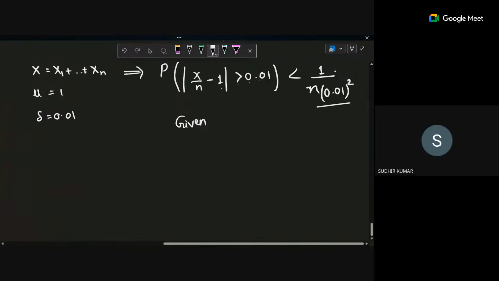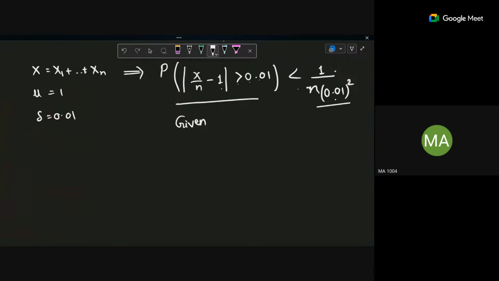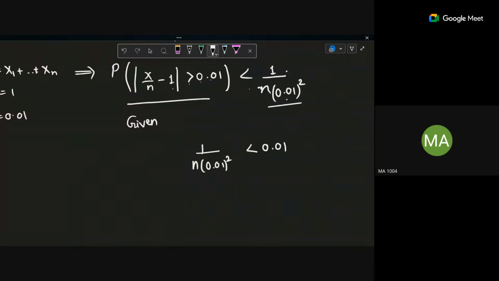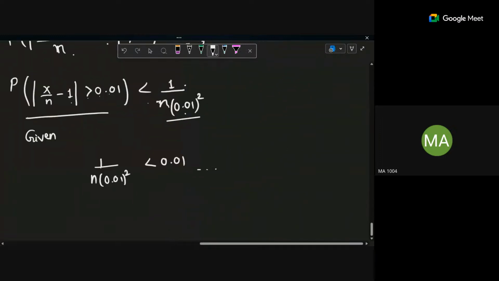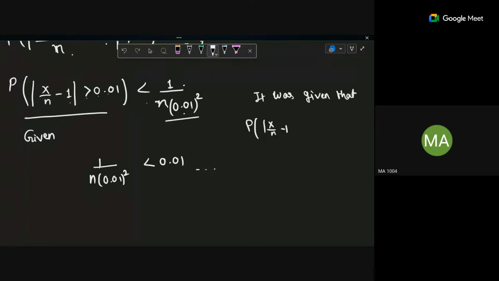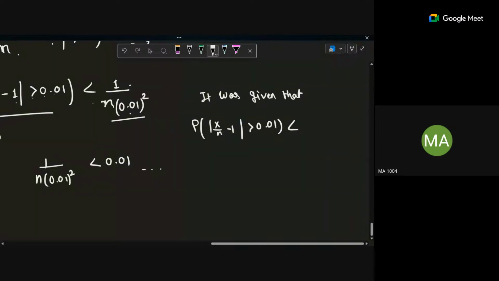So, by weak law of large number, I got this quantity is strictly less than 1 by n into 0.01 square. So, can I write it as 1 by n into 0.01 square is less than 0.01? Is it fine if I write this? So just take, it was given that probability that modulus of x by n minus 1 is greater than 0.01 is strictly less than 0.01.